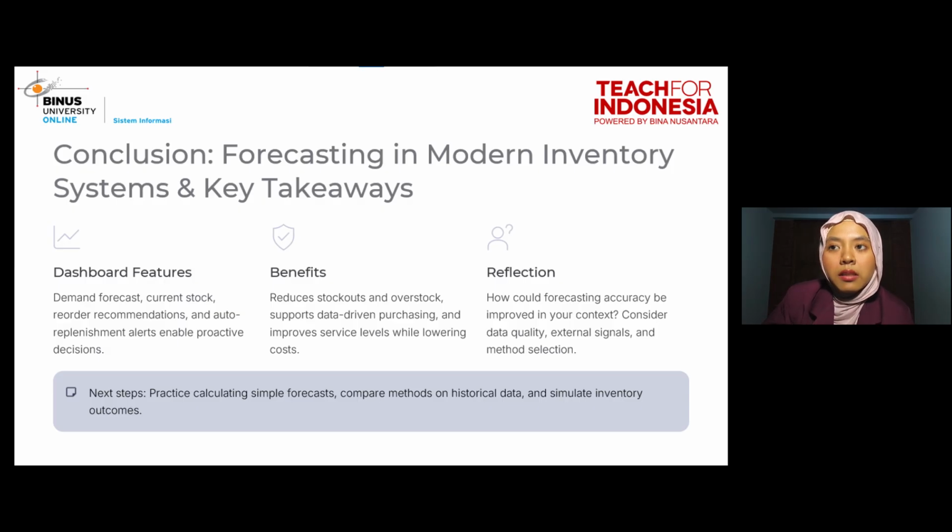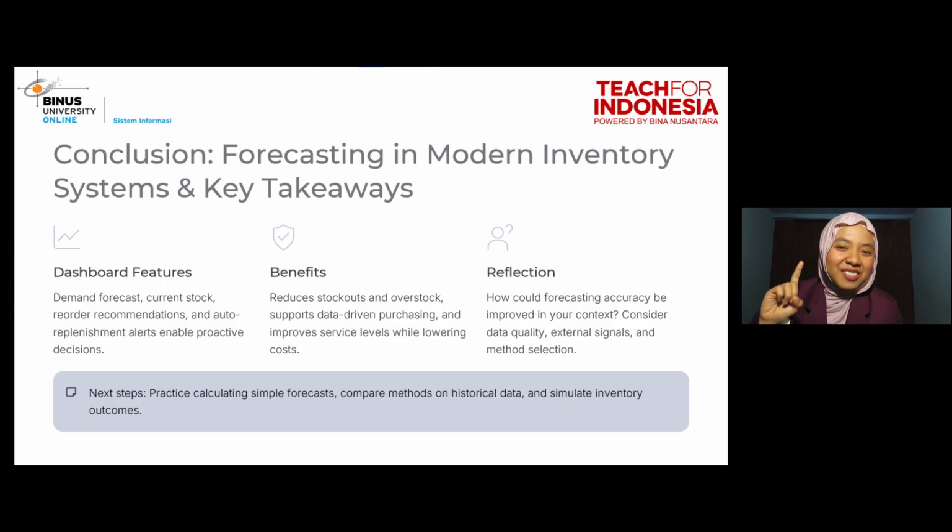As supply chains become more complex and data-driven, demand forecasting continues to play a critical role in helping organizations make smarter operational decisions.